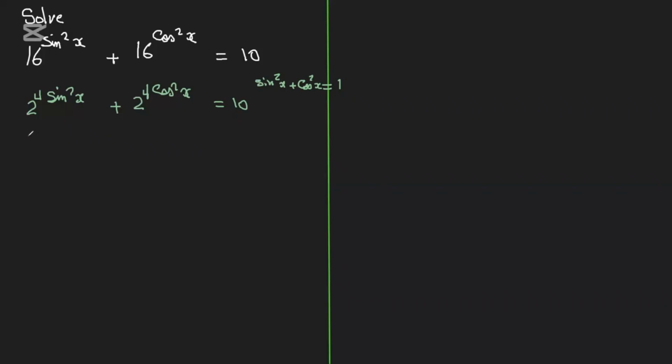Okay, so we have 2 to the power of 4 sine squared x plus 2 to the power of 4, and I'm going to change this to 1 minus sine squared x, equals 10. And I will rewrite this again.